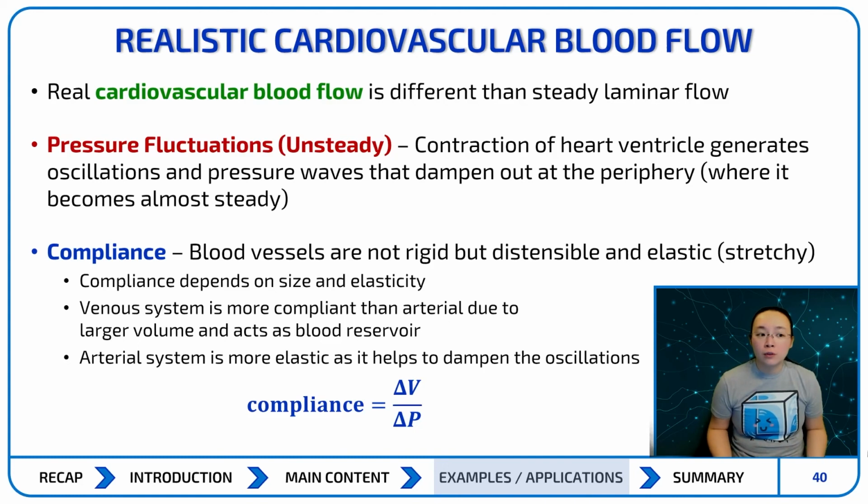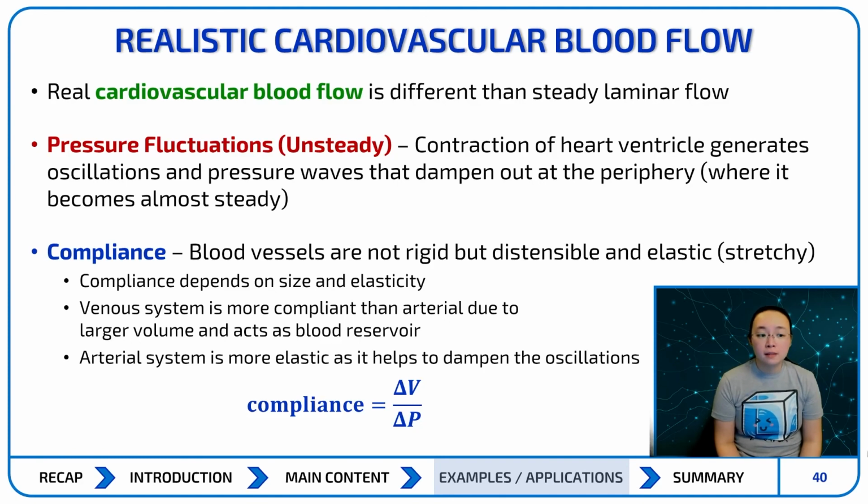The contraction of your heart ventricle is going to generate oscillations and pressure waves that dampen out in the periphery, where it becomes almost steady. So essentially, your velocity profile might not be as parabolic as you would expect, especially when your heart contracts and pushes the blood out. So that's something to look at.